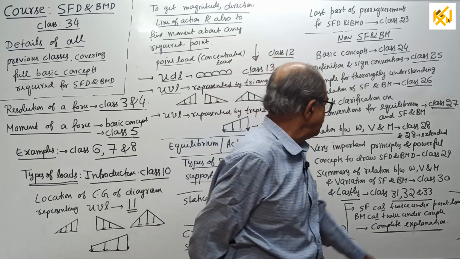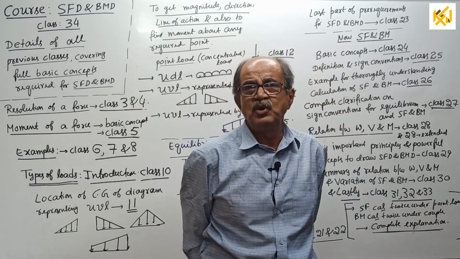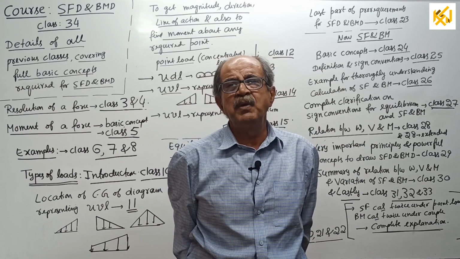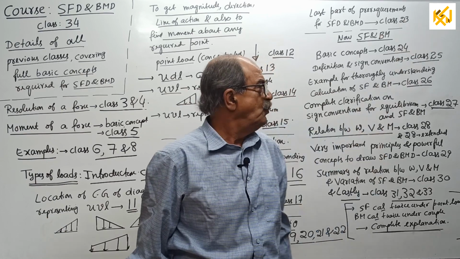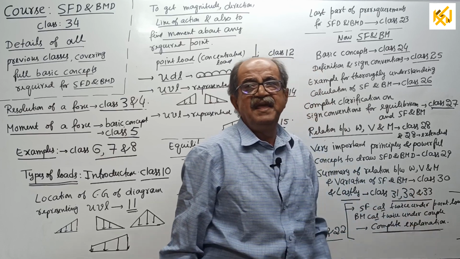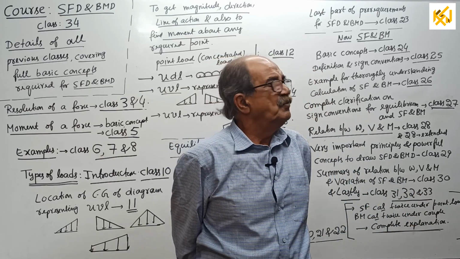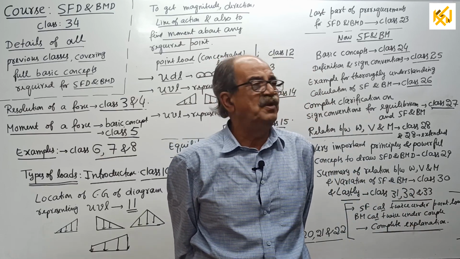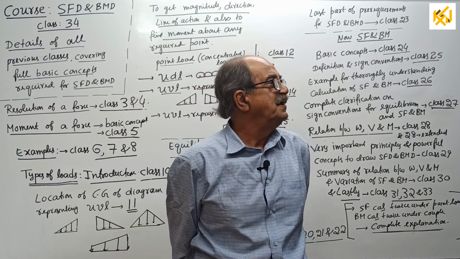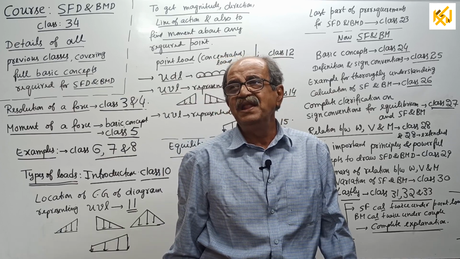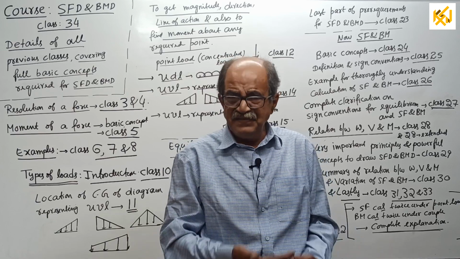Actually, in class number 33, one SFD BMD diagram is also drawn, but do not bother too much. It will come once again. Why was the diagram drawn on that day? Because we did all the SF BM calculation. I told on that day, like when you have prepared food neatly, you can't throw it out. Let us eat it.